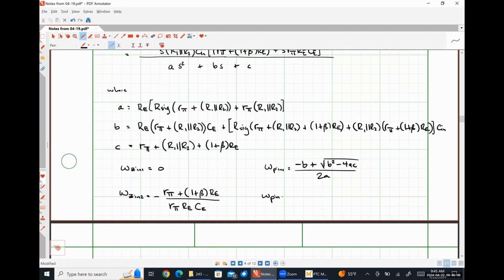and omega pn2 is negative B minus the square root of B squared minus 4AC all over 2A. So we wound up with this approach where we've made multiple approximations to make things easier.